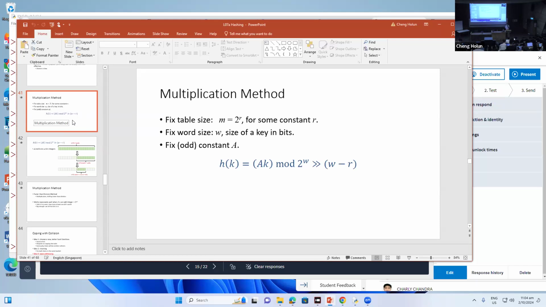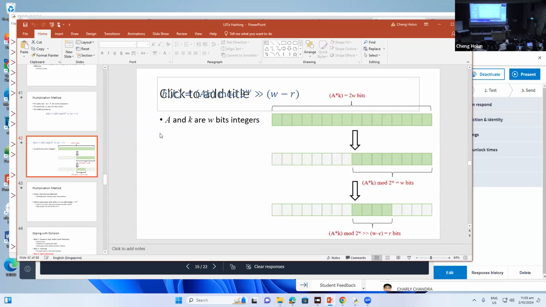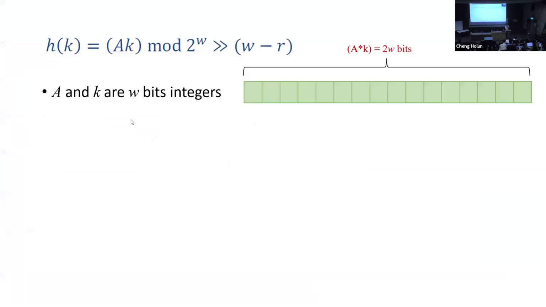And m is provided to be r bits. So this formula will change k that is w bits to an m that is r bits. So think about that. Again, a times k, because a is w bits and k is w bits, the multiplication is 2w bits.